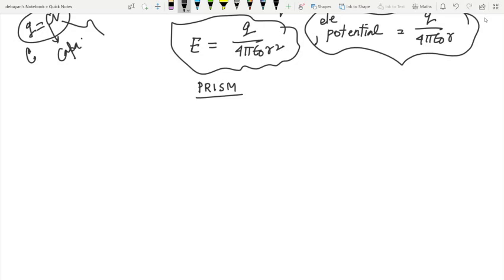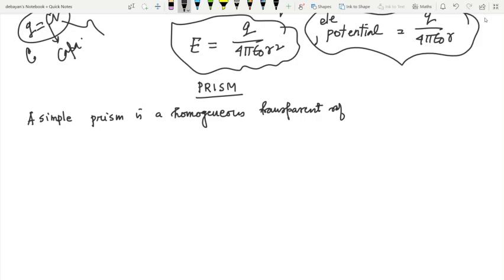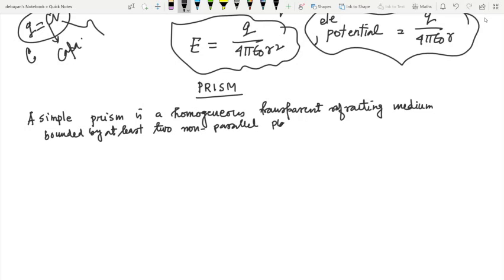So if we write the definition of a prism, a simple prism is a homogeneous, transparent, refracting medium that is bounded by at least two non-parallel plane surfaces inclined at some angle.